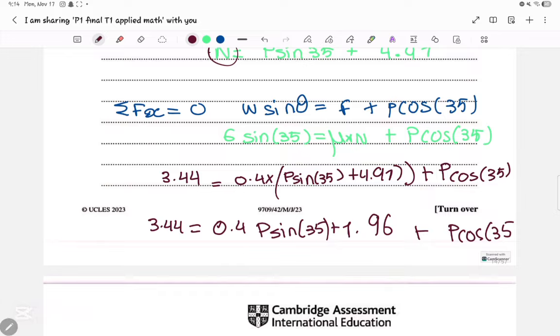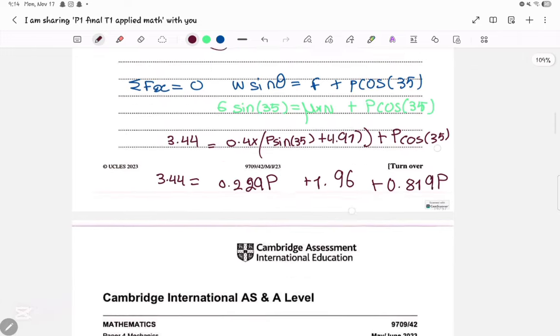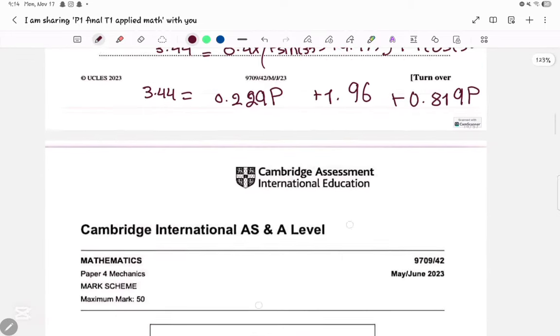That's 0.229. So I can erase all of this and replace it by 0.229 P. And then P cosine 35, I can replace it by 0.819 P. Okay, so now I just move them and continue adding.